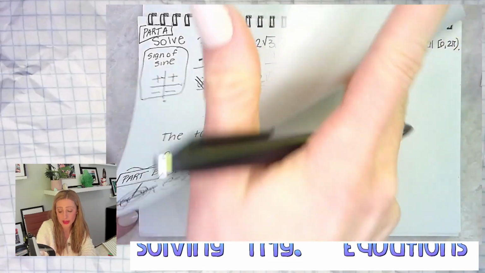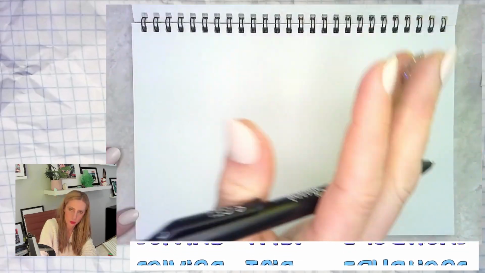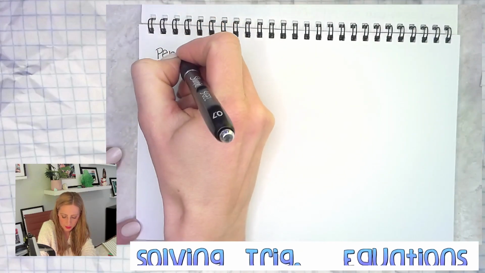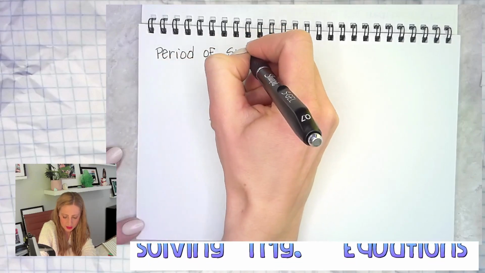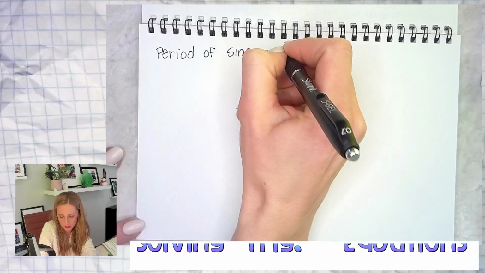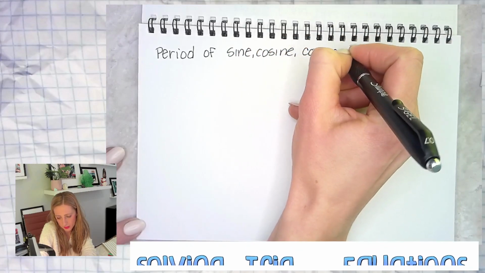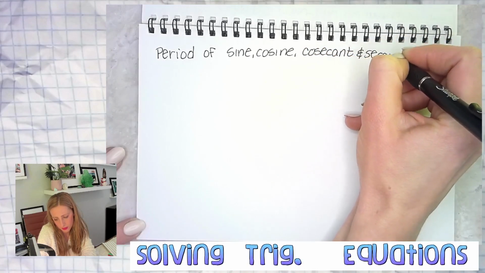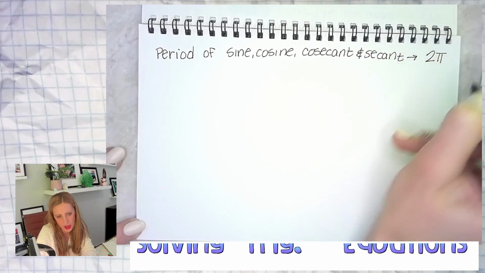So I'm actually going to write that down. I would definitely recommend you write it down too. So period of sine, cosine, cosecant, and secant is 2 pi.